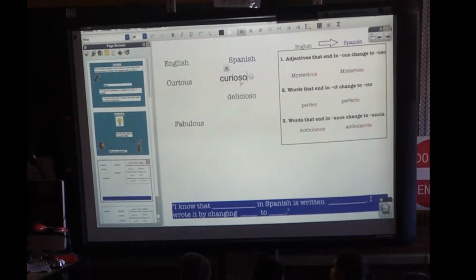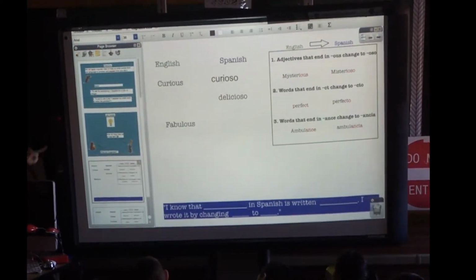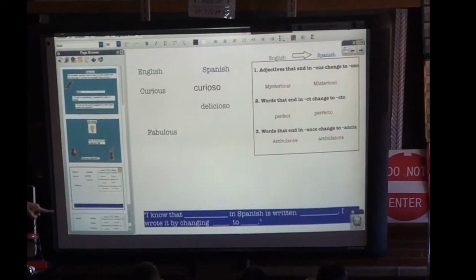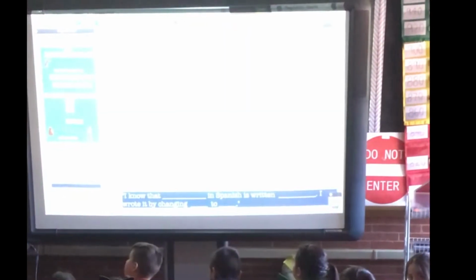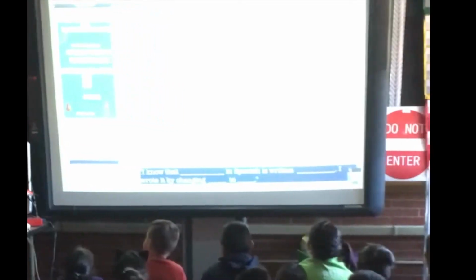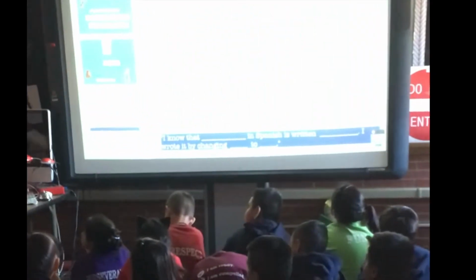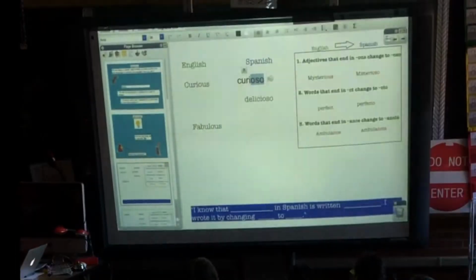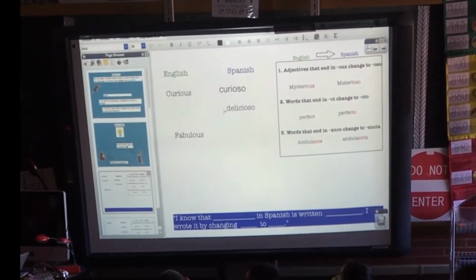And what helped me? Because they are cognates, right? So you see how I did it and how I explained it, right? So I changed this part to oso. Almost like a bear, but this is just a part of a word. It doesn't mean bear, right? Oso. No significa oso, right?